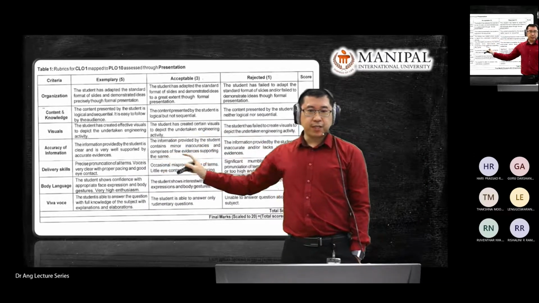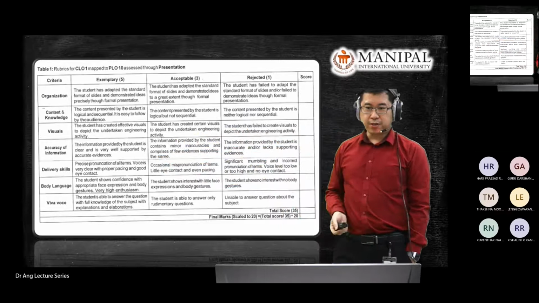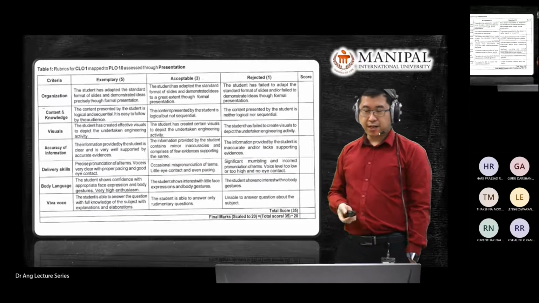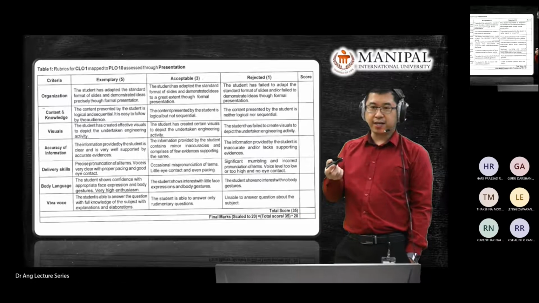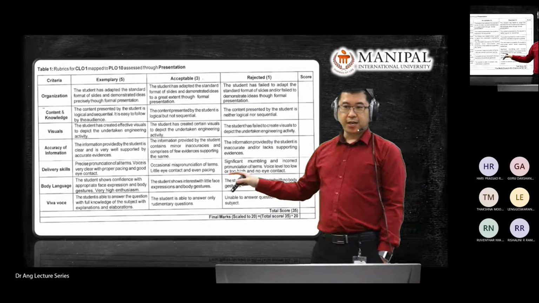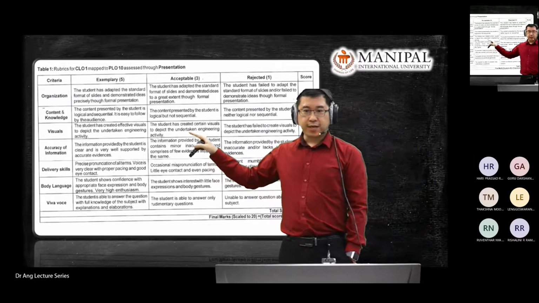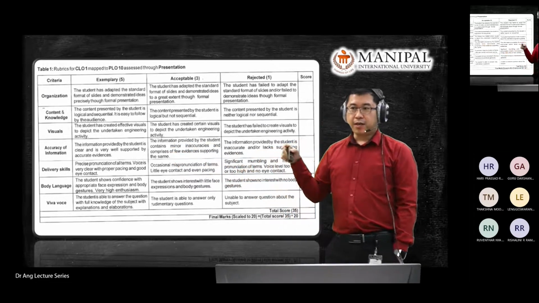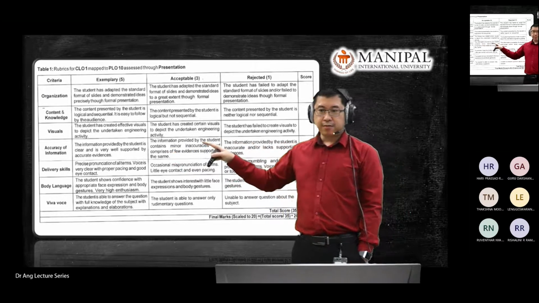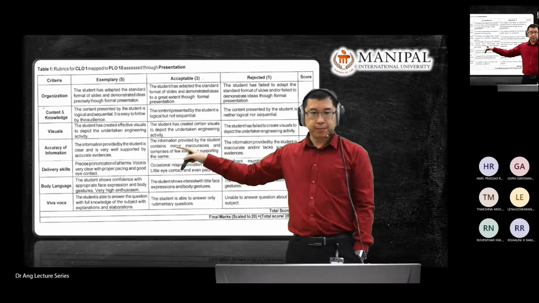Accuracy of information. For example, in engineering, you should know what is error, how to calculate error, how to find statistics, how to find the standard deviation. You should know all this. So accuracy of information, for example, the calculation. If you need to talk about error, then you need to show the calculation.